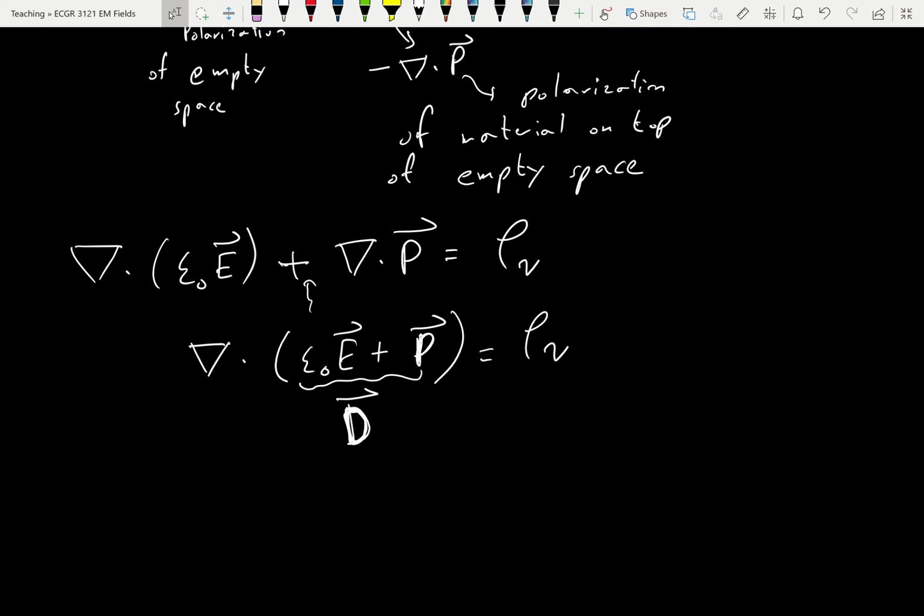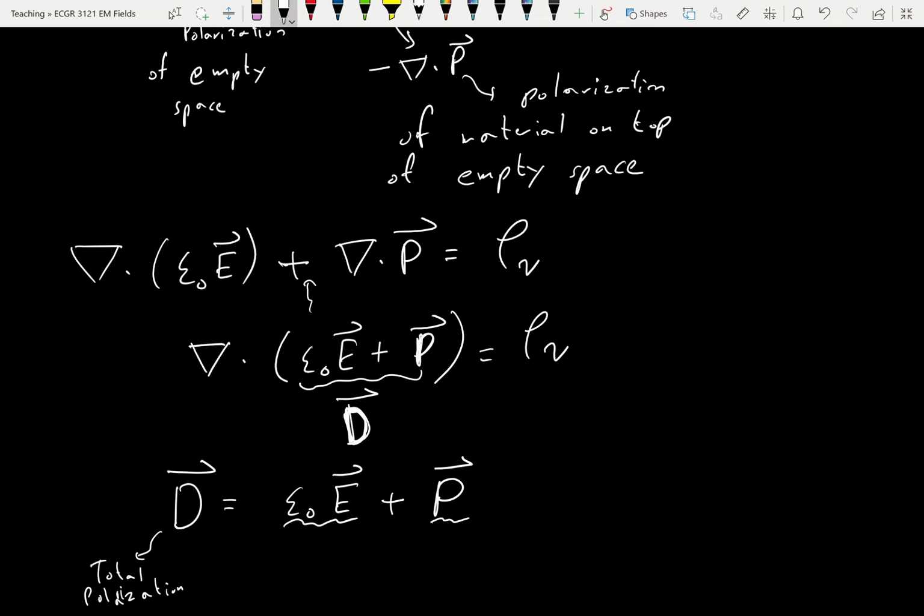So this is the main result now. The flux density, we can look at the flux density as the total polarization, equals the polarization due to empty space, this term, plus the polarization vector due to the material.